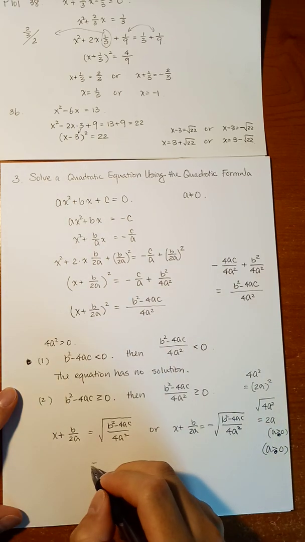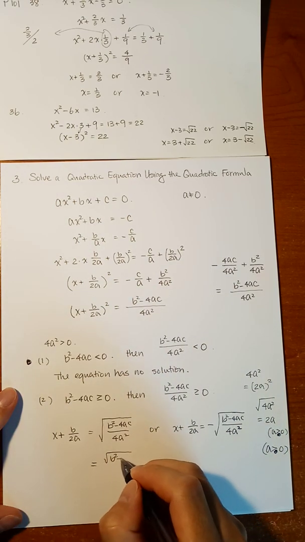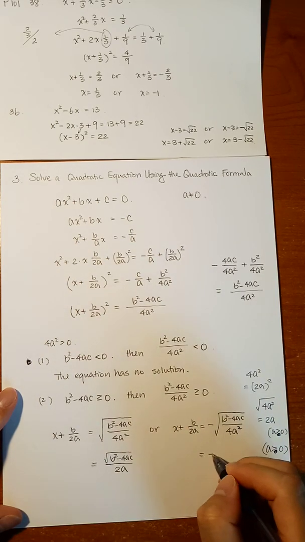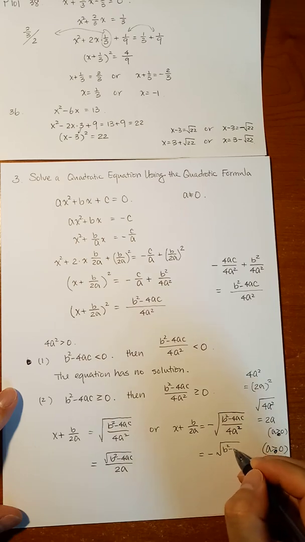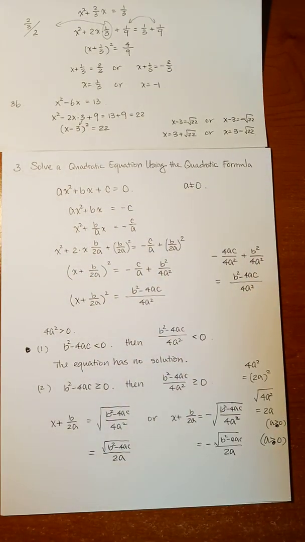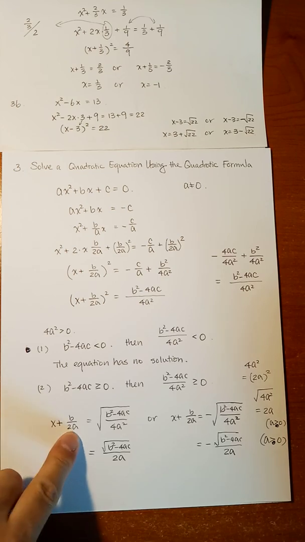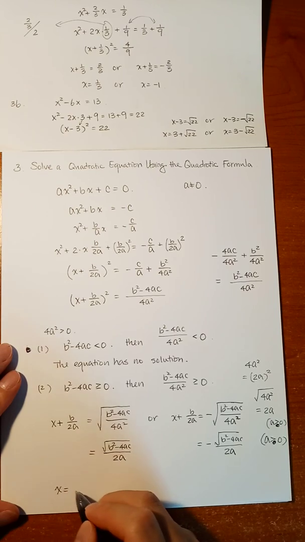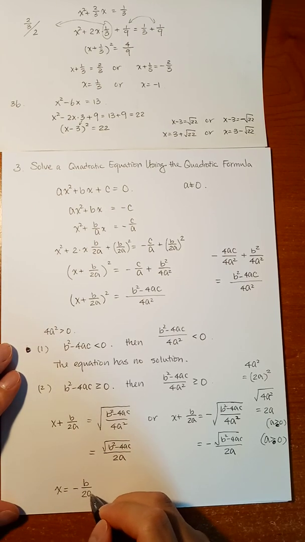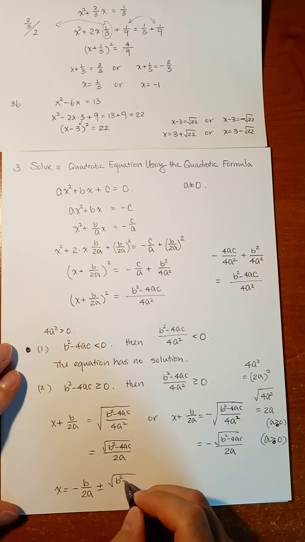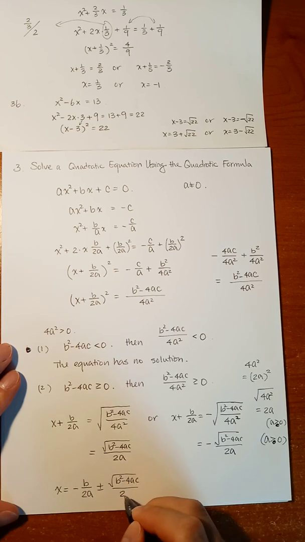So assume this a is positive. So we can take square root: b squared minus 4ac over 2a, or here negative b squared minus 4ac over 2a. We can move this 4a squared outside of the square root. And then we move this b over 2a to the right-hand side. So we will get our formula. x is negative b over 2a, plus or minus square root of b squared minus 4ac over 2a.